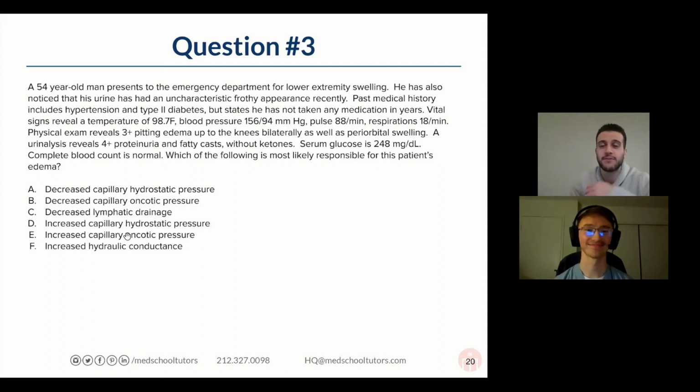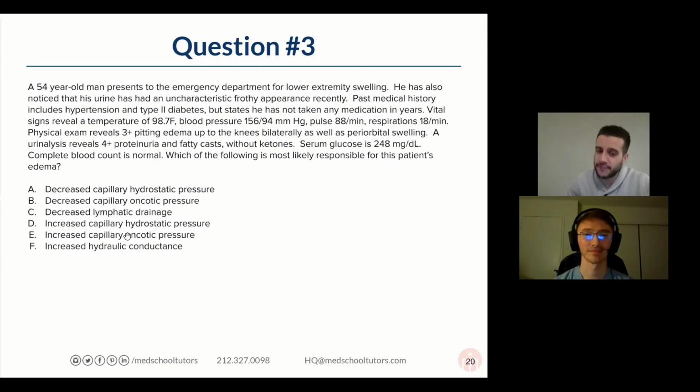And if you want to get really out there, Wuchereria bancrofti, so kind of strange diagnoses that might cause lymphedema, that would be what you're referring to with C. And then increased capillary hydrostatic pressure also would cause edema, but that would happen for a different reason, not for the oncotic pressure, the protein losing process that's happening in the kidney.